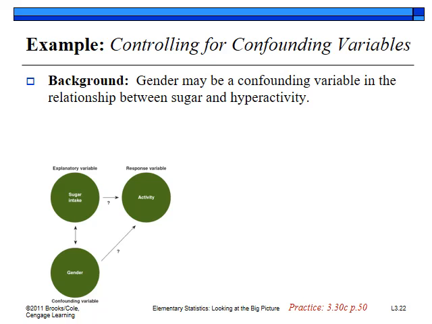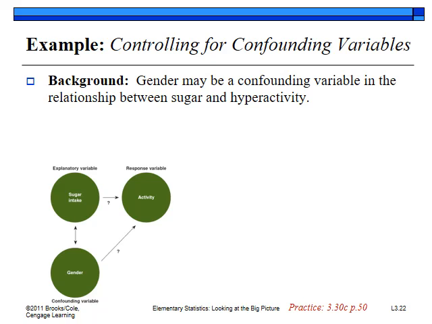Well, looking at our study relating sugar intake and hyperactivity, perhaps let's say that gender is confounded with sugar intake and activity. For example, maybe boys are more hyperactive and boys intake more sugar.